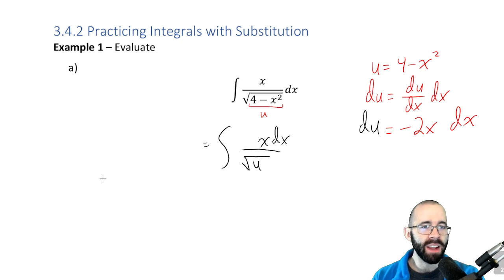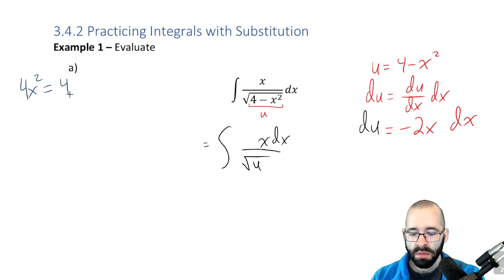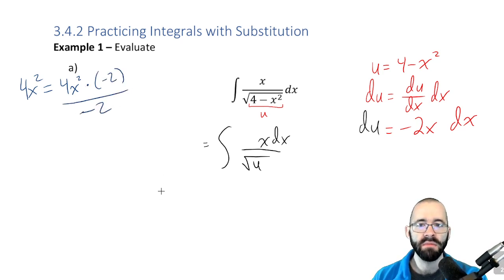But in general, you can't make things up. But if I had something like 4x squared, wouldn't that be equal to 4x squared times negative 2 divided by negative 2? Aren't these things the same exact thing?